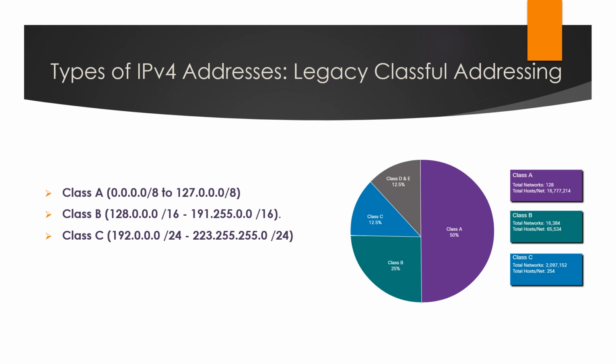This caused most of the available IPv4 addresses to go unused. That's why in the mid 90s, with the introduction of the World Wide Web, classful addressing was deprecated to more efficiently allocate the limited IPv4 address space.